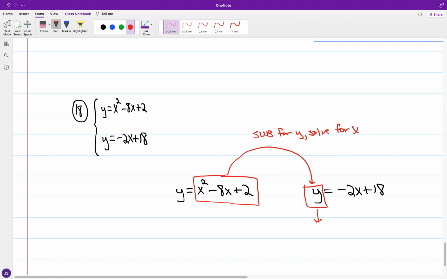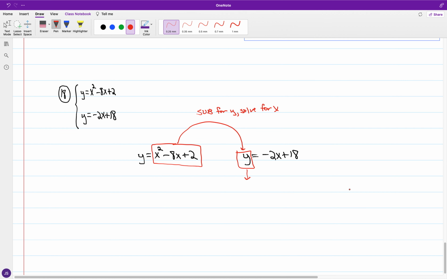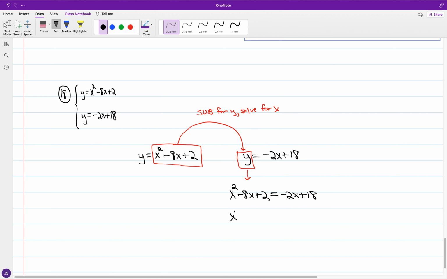So looking at substituting for y and solving for x, in the rewrite I have x squared minus 8x plus 2 is equal to negative 2x plus 18. So I have a quadratic equation, and what I can do is set this up as a quadratic equation in standard form.